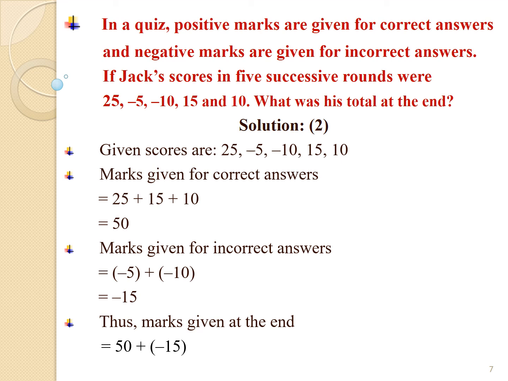Now, subtracting 15 from 50 as a whole number, we get 35. Thus, the score at the end is 35.